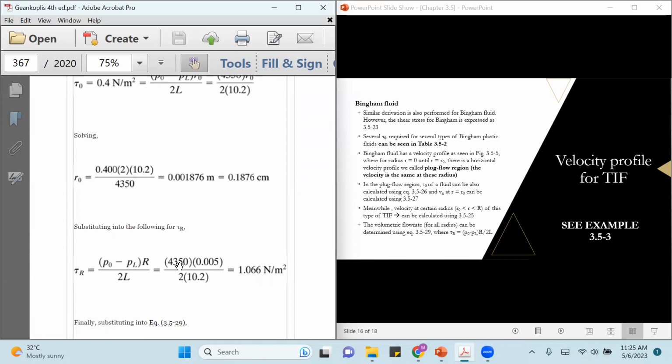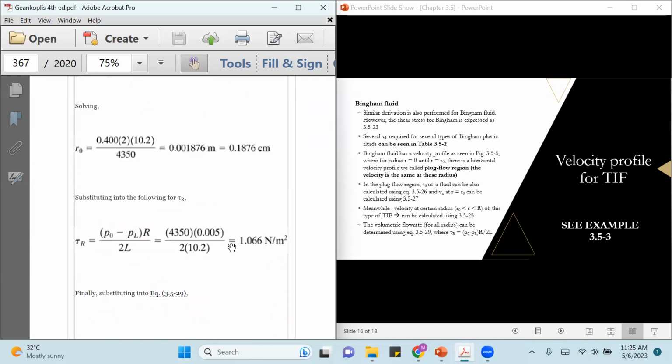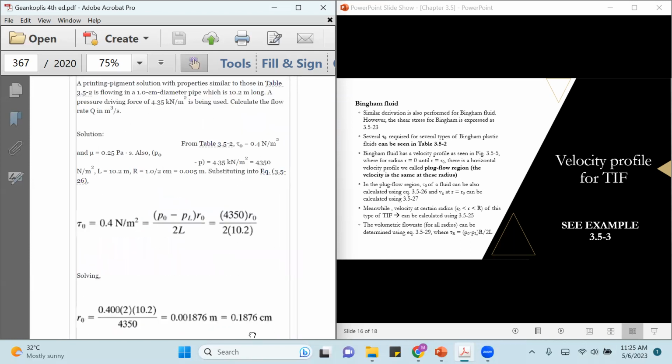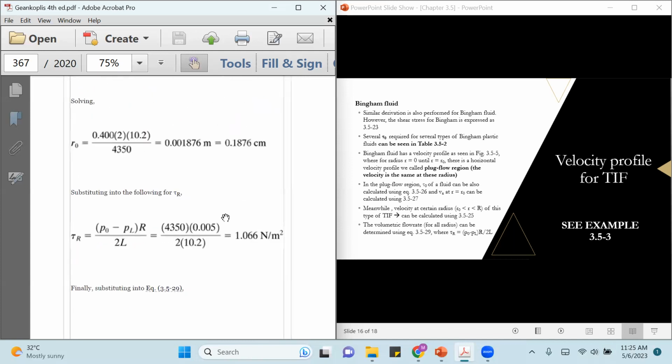I put in all the known values here. I also know the R value from this, 1 centimeter over 2 centimeter, so it's 0.5 centimeter. Sorry, I mean 5 millimeter, which equals 0.005. So I know tau R as well.